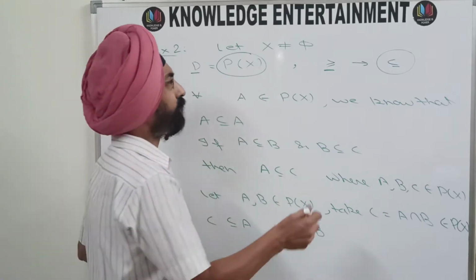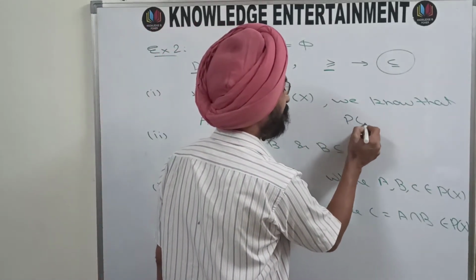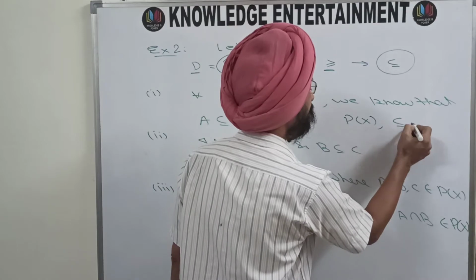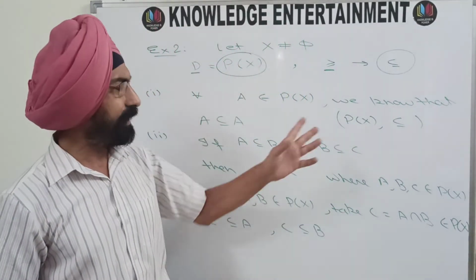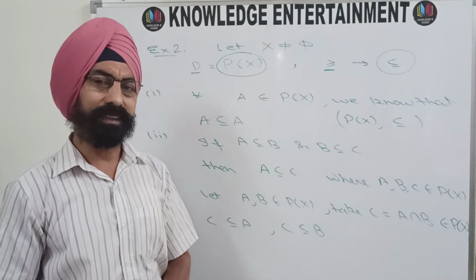So your power set of X together with the binary operation subset of is a directed set.